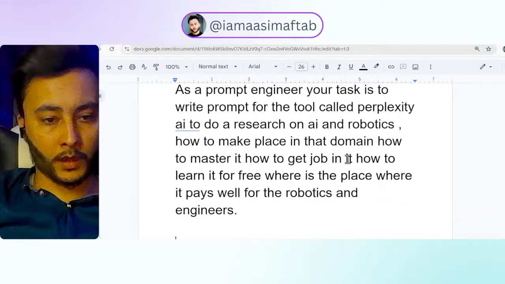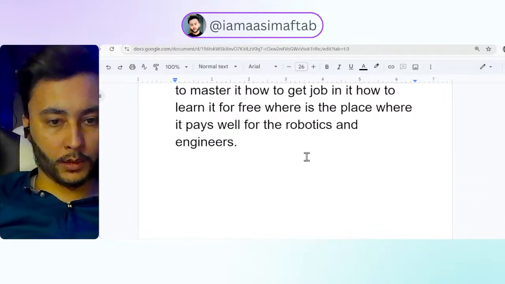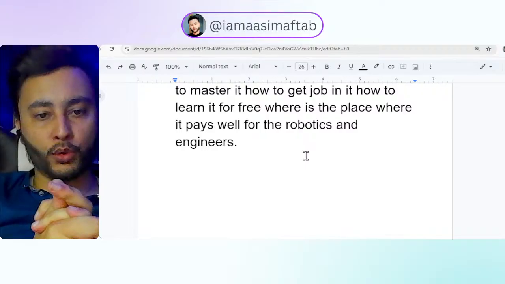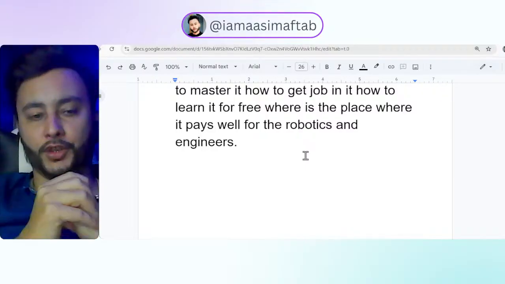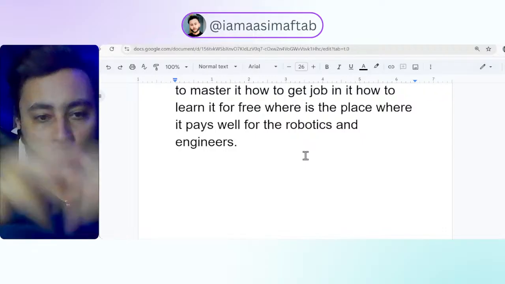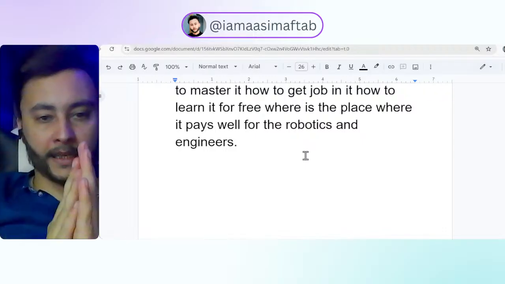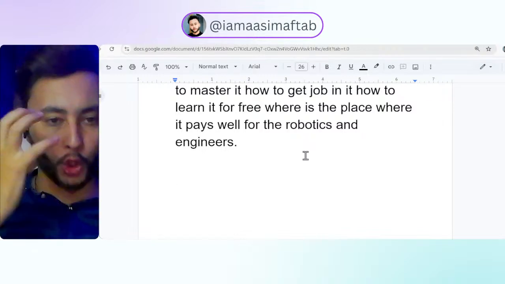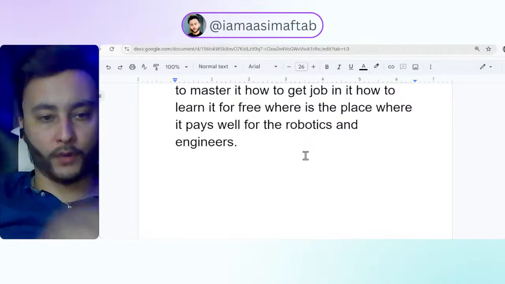Okay, another thing I want to add: when you craft a prompt, you need to give insight to the prompt engineer, and based on that, he will create a prompt for you. For that purpose, we will give some knowledge to an AI to create a good prompt for us.